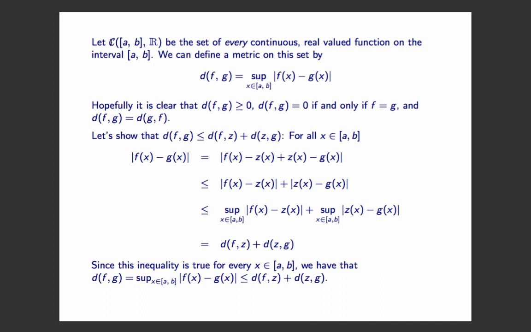And if I have two continuous functions and add them up, I have another continuous function. Similarly, a scaling of an n-dimensional vector is still an n-dimensional vector, and a scaling of a continuous function is still a continuous function. So in fact, the set we're talking about in this example is a vector space.